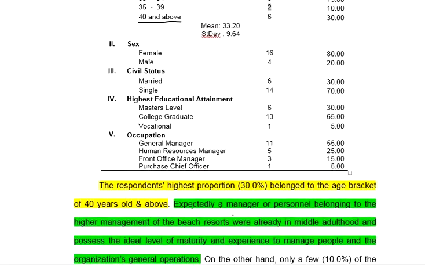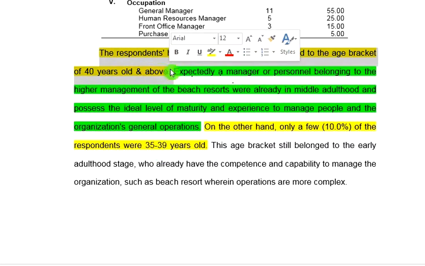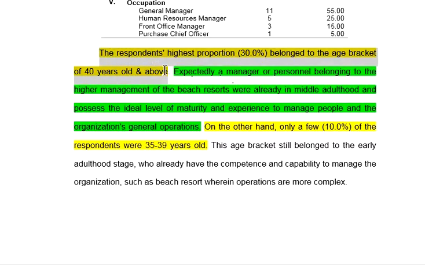Let's check here. On the other hand, only a few or 10% of the respondents were 35 to 39 years old. Okay, so this is the lowest, and then this one is the highest. So there is a presentation of the data, statement style.